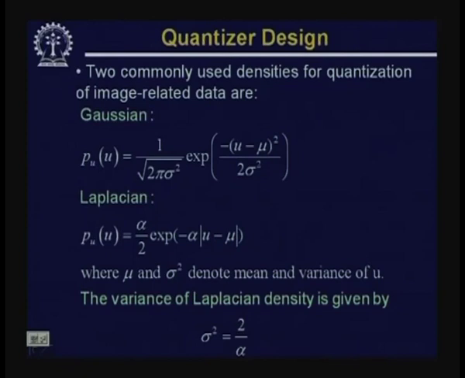The other is the Laplacian probability density function, given by P_u(u) equal to 1 upon alpha into exponentiation of minus alpha times the absolute value of u minus mu, where mu and sigma square denote the mean and variance of the input signal u. The variance in the case of the Laplacian density function is given by sigma square equal to 1 upon alpha.